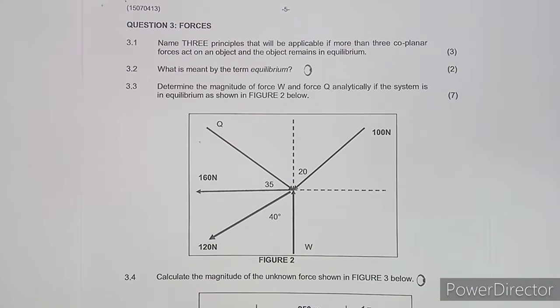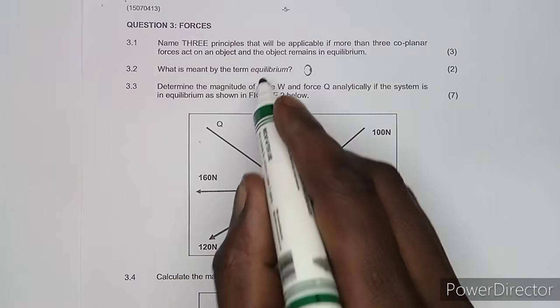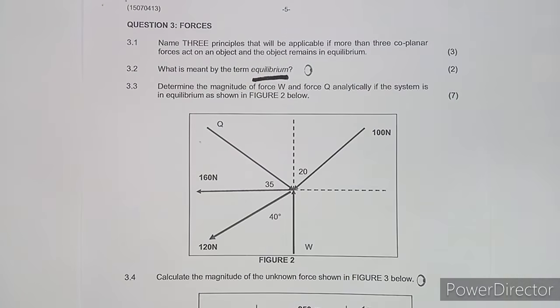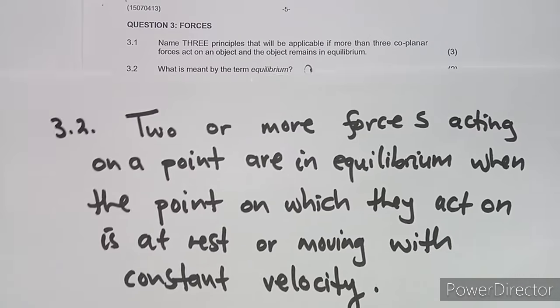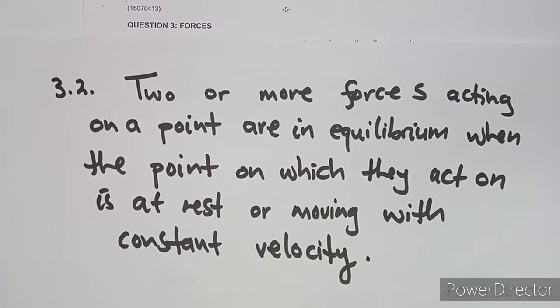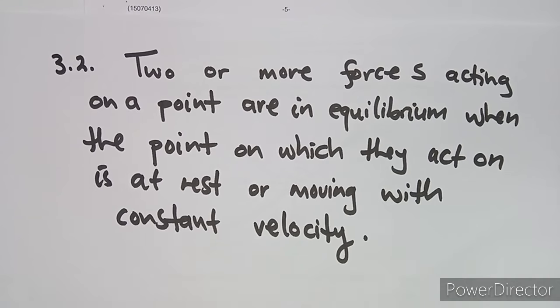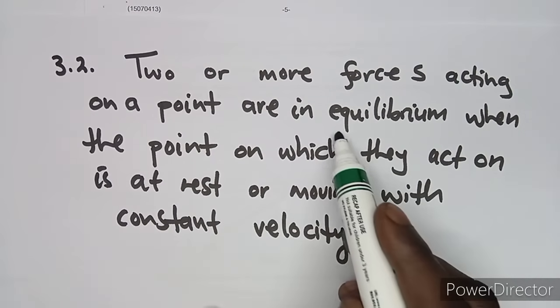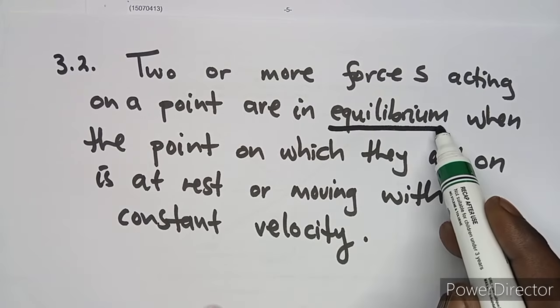And on 3.2, what is meant by the term equilibrium? Take note, you are referring to equilibrium there. What does that term mean? This is where we are going to have our definition of equilibrium.